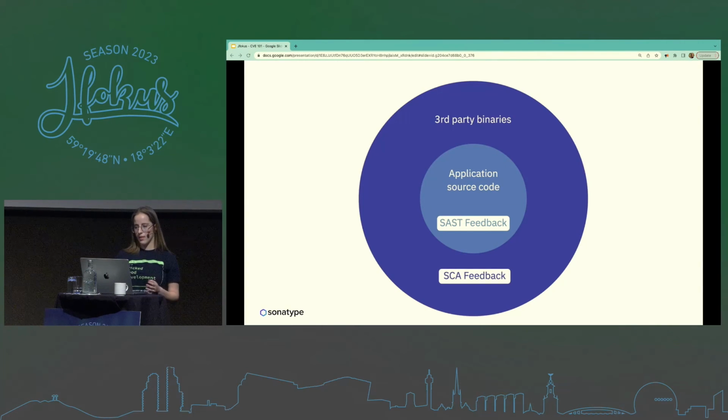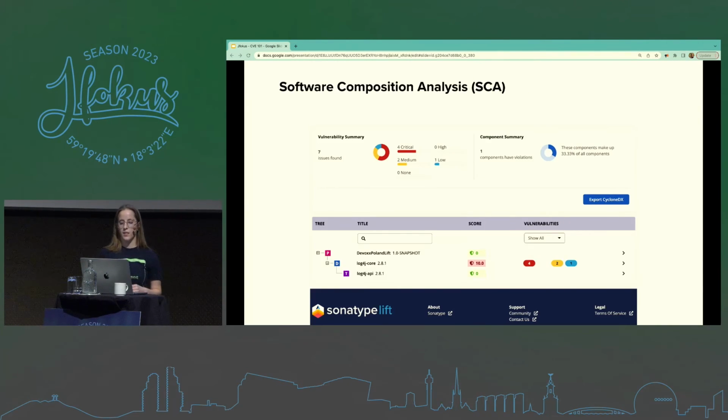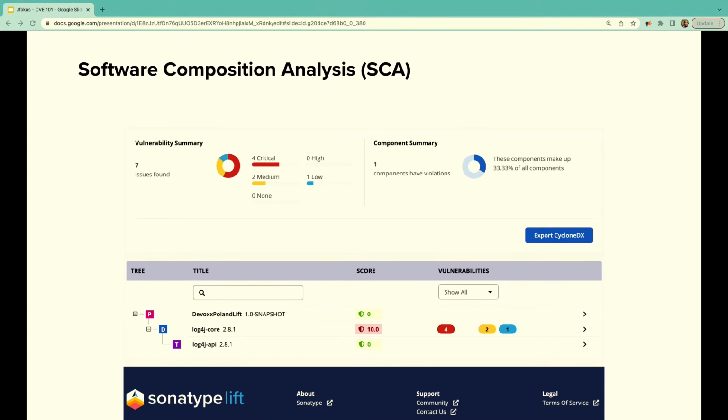So that is where tools like static composition analysis come into play. These types of tools will have the ability, hopefully, to figure out what dependencies are being used in your system. Part of the challenge of that Log4Shell remediation that I mentioned earlier was the problem of transitive dependencies.